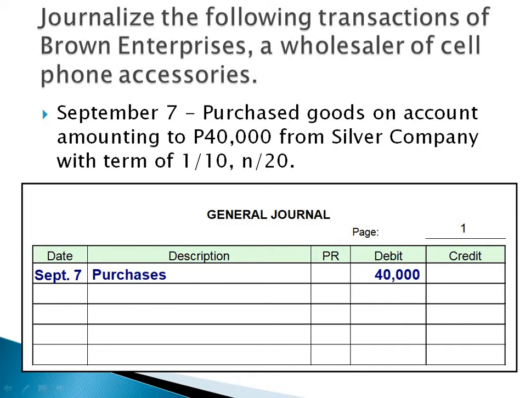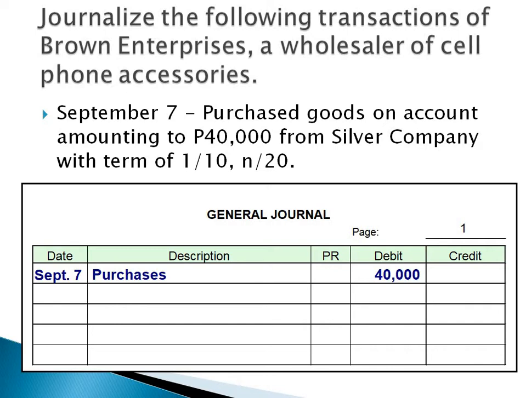Hence, let's say here, Brown purchased furniture instead of goods or merchandise inventory. We must not debit purchases because furniture is not a merchandise inventory.